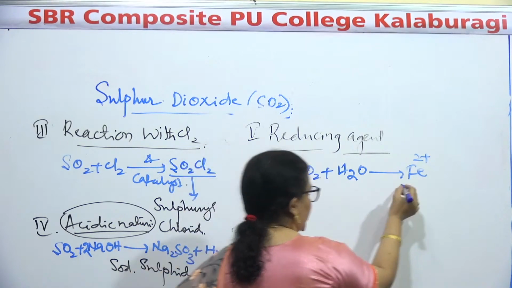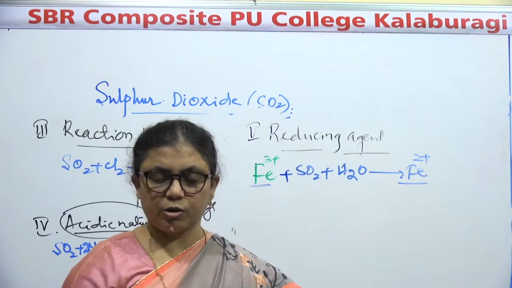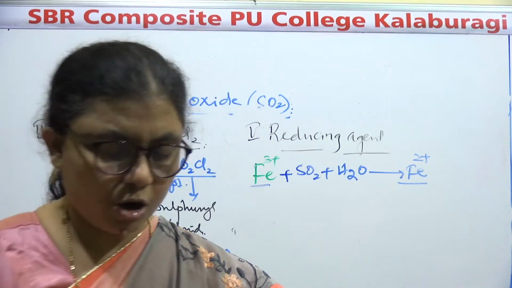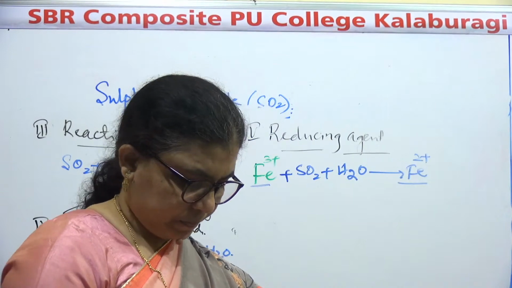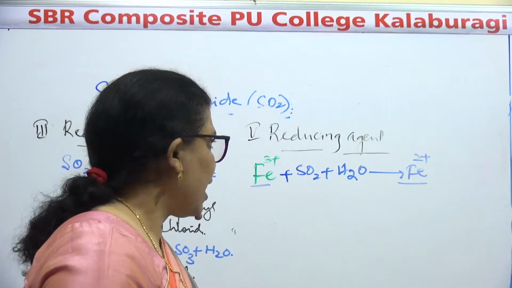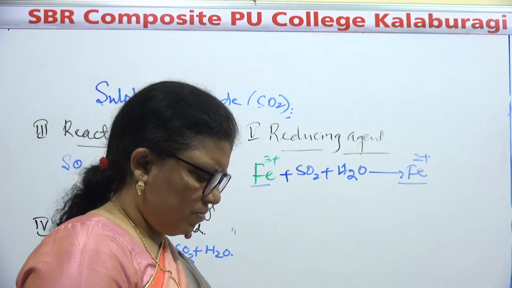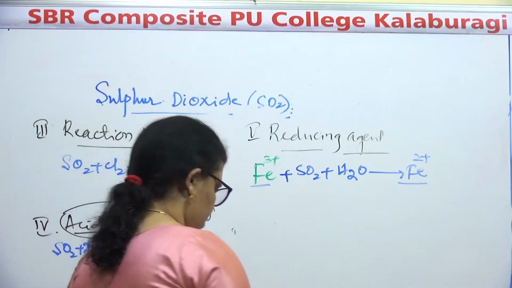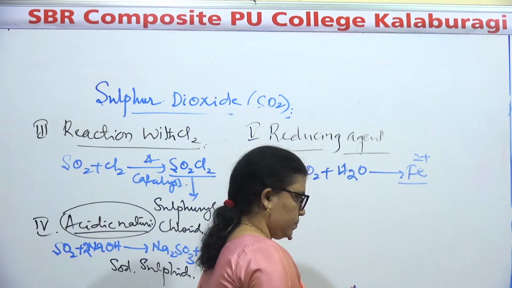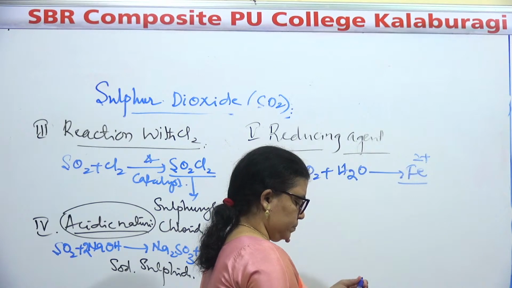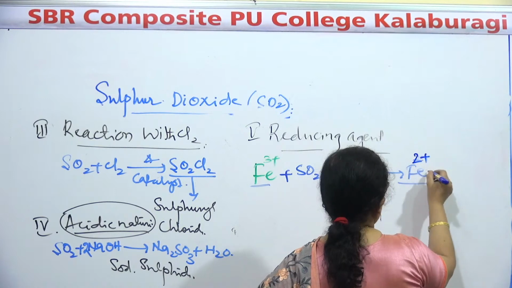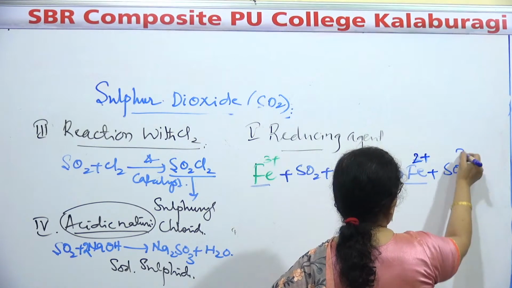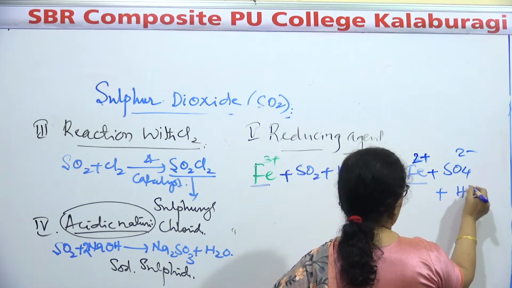Ferric is converted into ferrous, along with the sulfate, as well as acid. Fe2 plus along with SO4 2 minus in acidic medium.